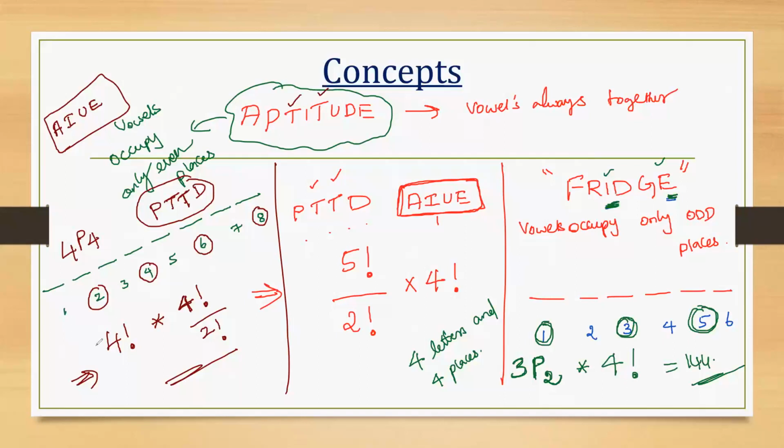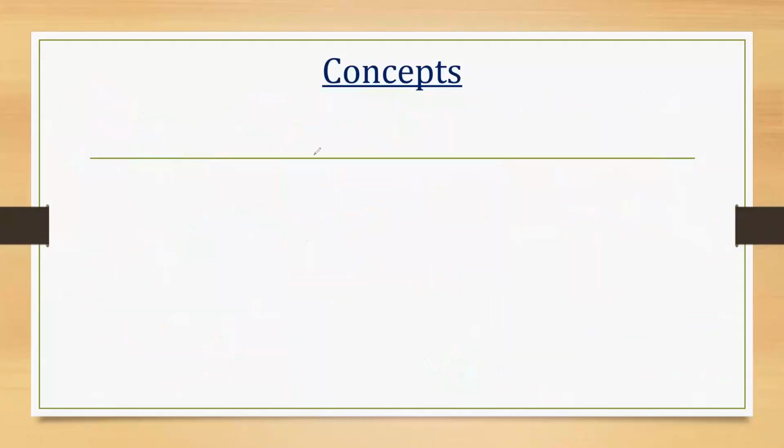Okay. Now, the next concept. Shall I clear this page? So clear this page. So now the word PLACES. Okay. Here the question is, no two vowels are together.